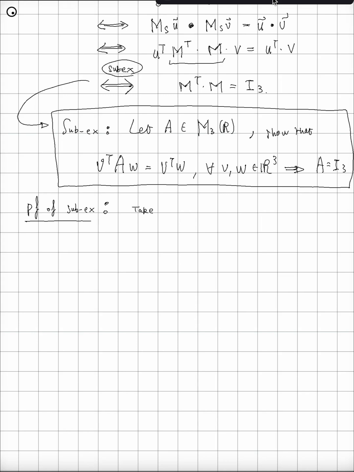In particular, let's take v equals e_i, the standard basis, with only the i-th component 1 and the others 0, and w equals e_j. Then what is e_i transpose e_j?